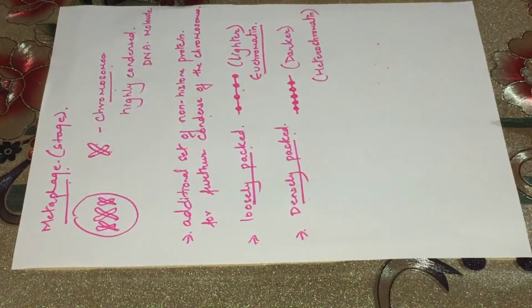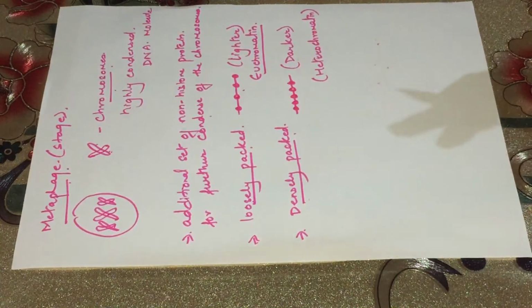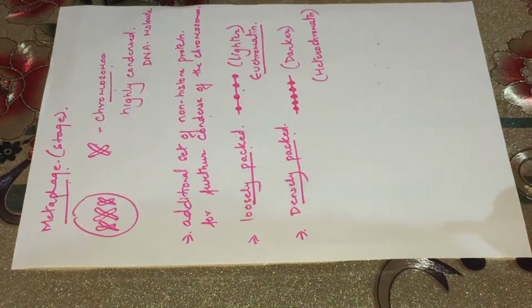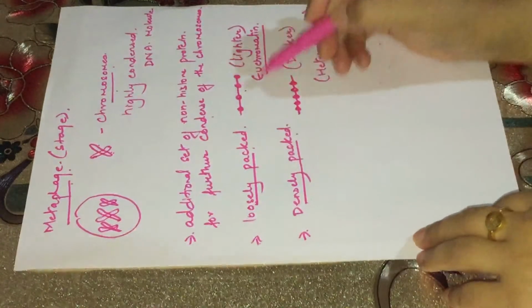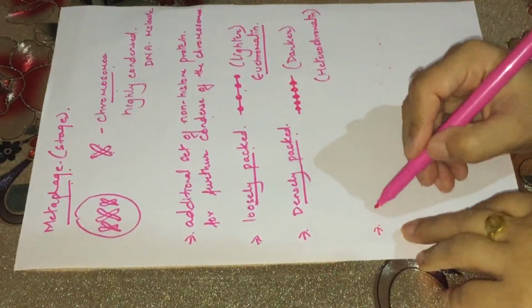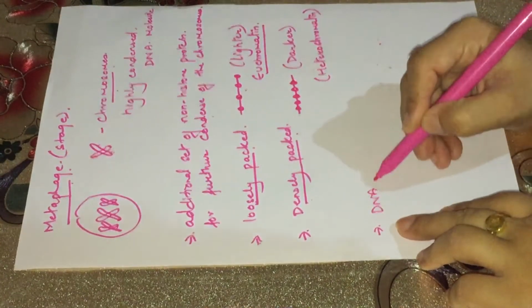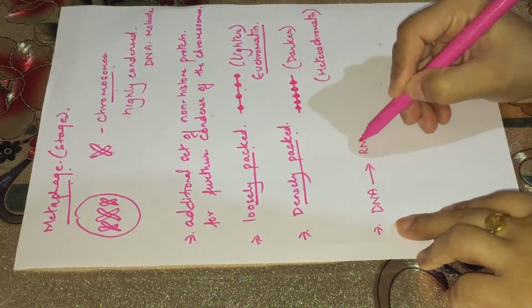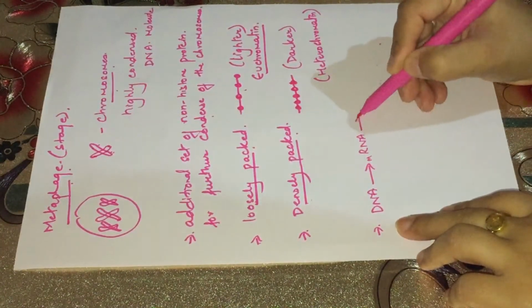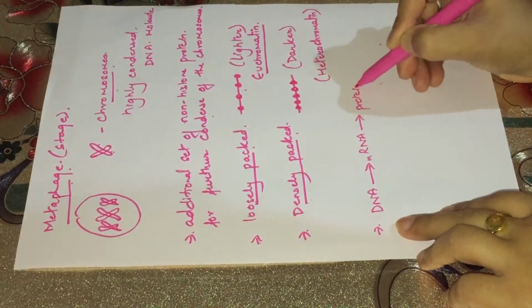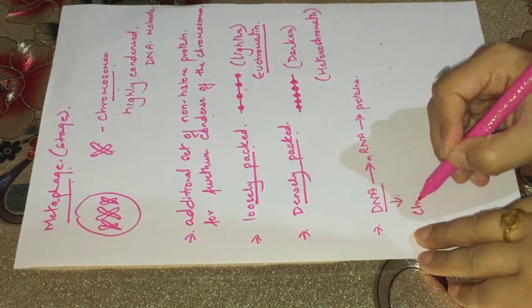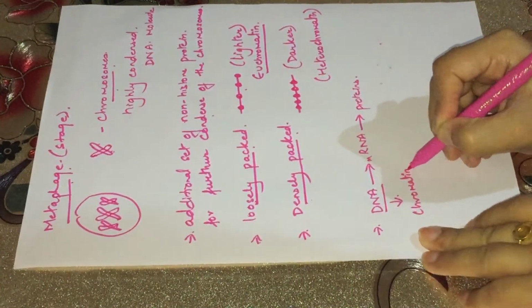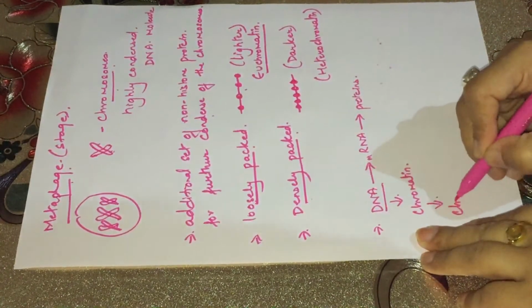And another very, very important thing: the transcriptional activity of euchromatin is more than heterochromatin. Transcriptional activity means, I have already told you that DNA is transcribed into RNA, and RNA is translated into proteins. DNA, when it condenses, first forms chromatin, then chromosomes.